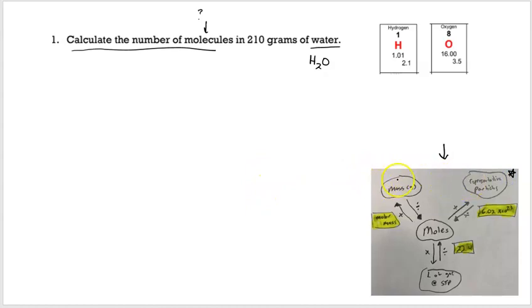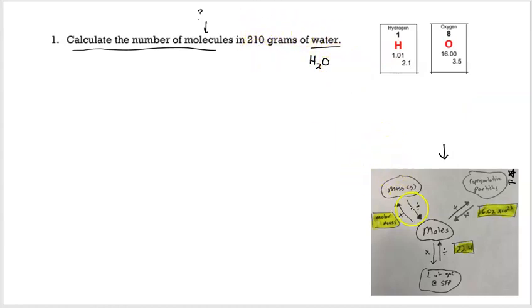Remember, representative particles is the terminology we use to represent atoms if it's a single element, molecules if it's a molecular bond, or formula units in the case of an ionic bond. Water, of course, being a molecular compound, we use the term molecules. So this is what we're trying to calculate, the number of representative particles. The other part we need to understand is our known quantity.